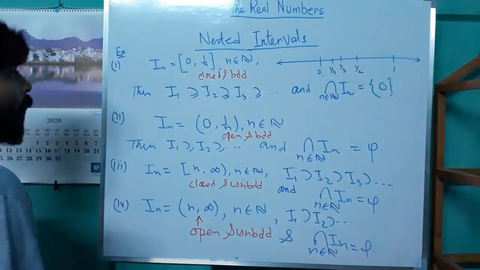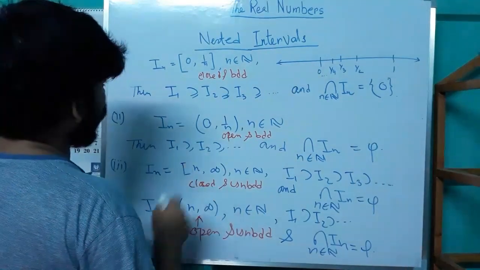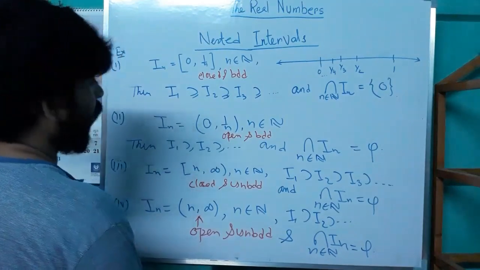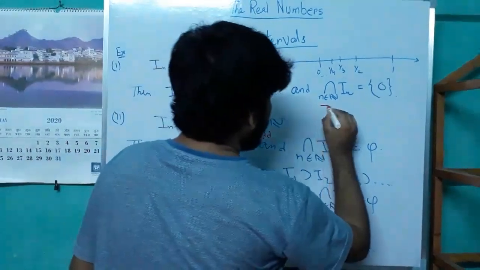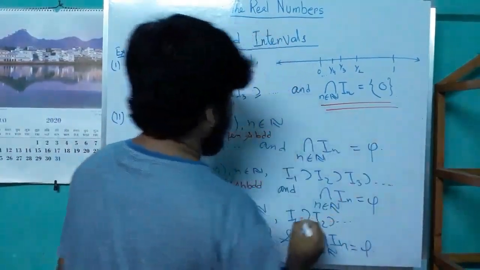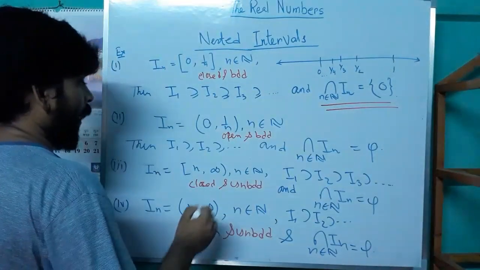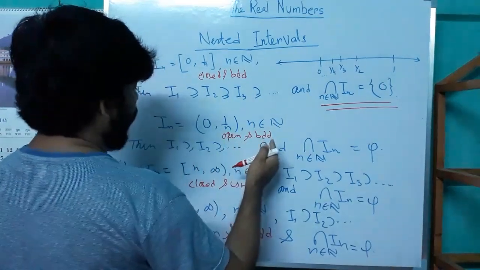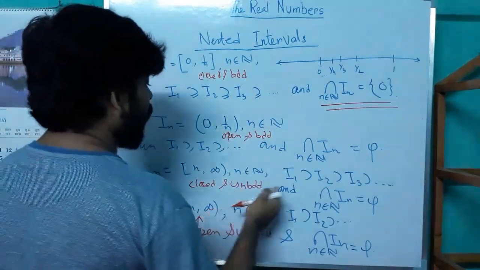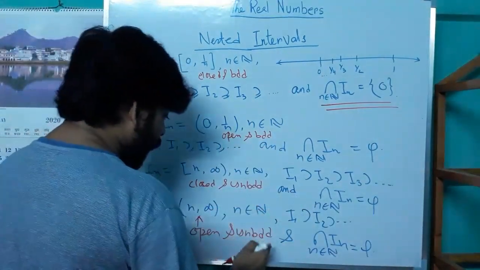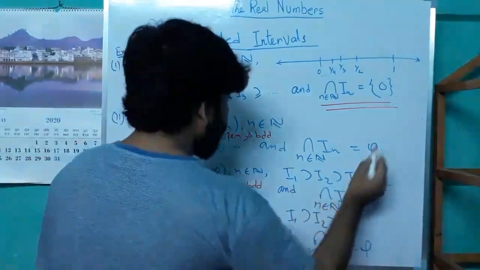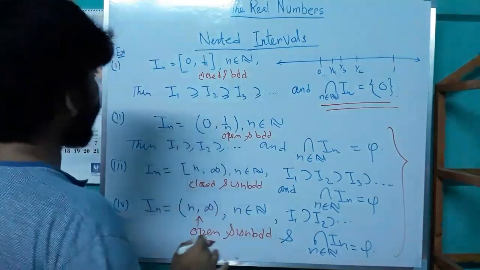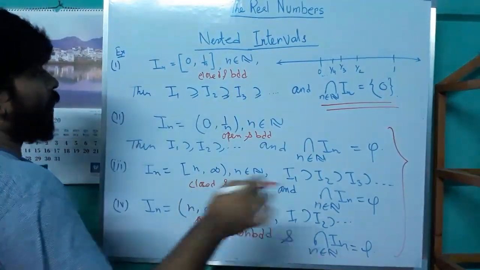Okay, so one observation is that if we consider a collection of closed bounded nested intervals, then their intersection is non-empty. In other cases, where we consider a collection of open bounded nested intervals, or closed unbounded nested intervals, or open unbounded nested intervals, in all the cases the intersection is empty. So this observation motivates us to write the next theorem.